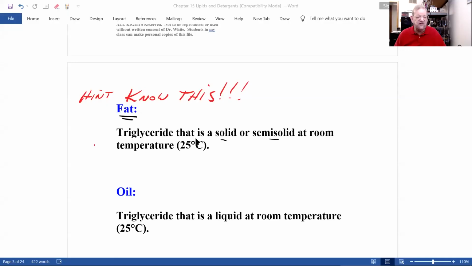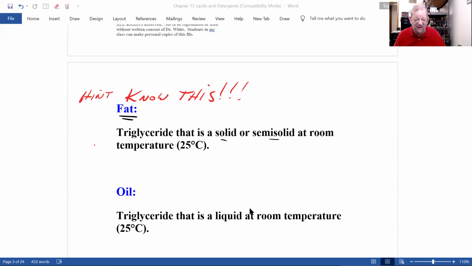I don't say you have to do this, but think about if you have a jar of mayonnaise and you stick your finger in there and go, oh, that's a semi-solid, as opposed to the top of this, which is solid. So a fat is a triglyceride, triester, that's a solid or semi-solid at room temperature.